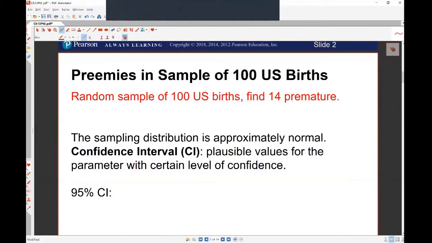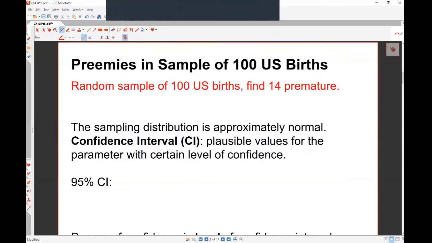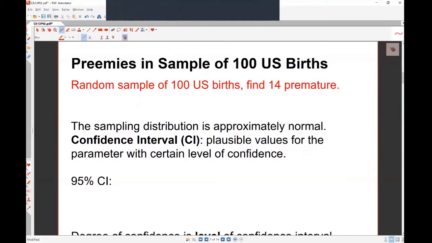Let's say we want to determine what proportion of all births that take place in the US are premature. So our population is all the babies born in the US in a given year. However, that information is unavailable to us, but perhaps we're able to take a random sample, ensuring that the people included in the sample are independent of one another.